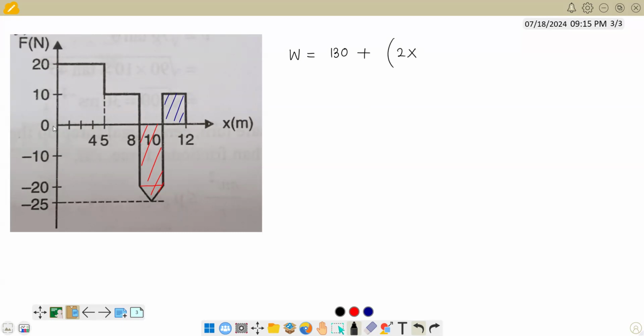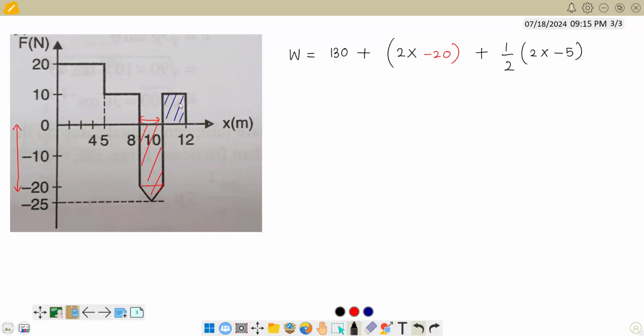To look at the height, we have to look at the y coordinate, and to look at the base, the x coordinate. In the y coordinate, we can see clearly it is minus 20. Then plus half base into height, base is again 2 into height minus 5.